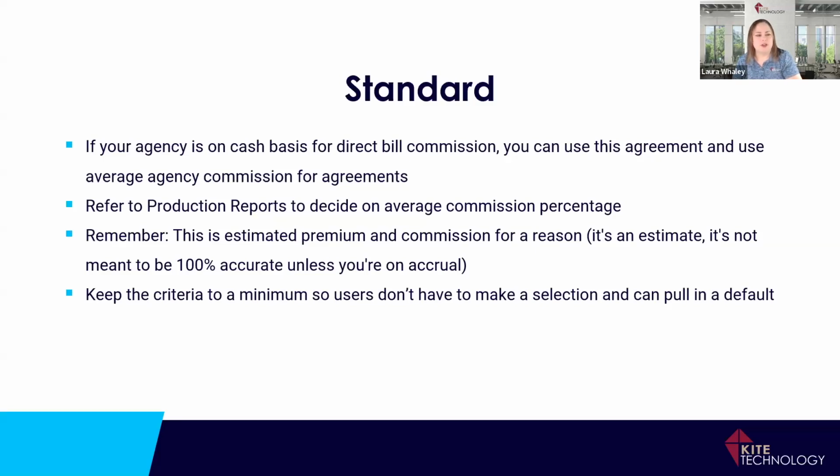Make sure that you're referring to your production reports to help decide on those average commission percentages. So again, you guys are getting those production reports. You can run those production reports. You can look at your commission agreements that your carriers are paying, and pretty quickly you can look through that and see what your average is going to be.